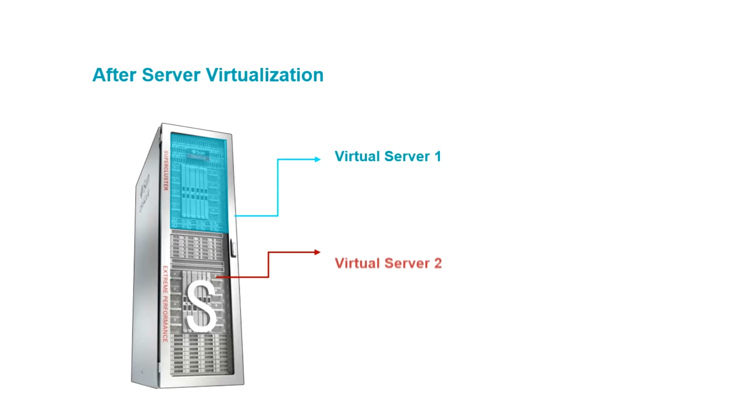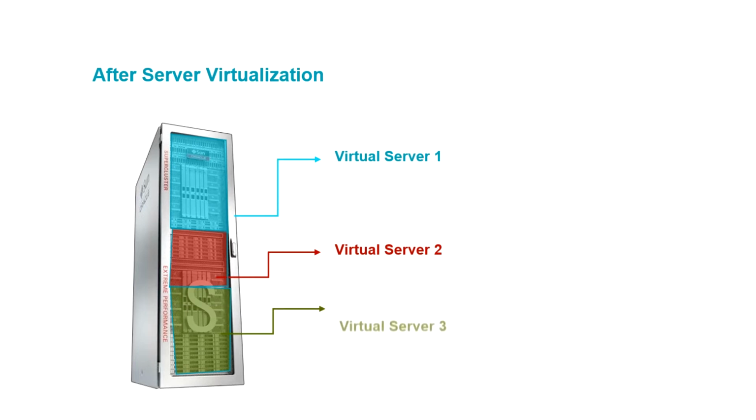So that's the first definition of virtualization, when you split a piece of hardware into separate operating systems or separate platforms so that it comes across as two different machines.